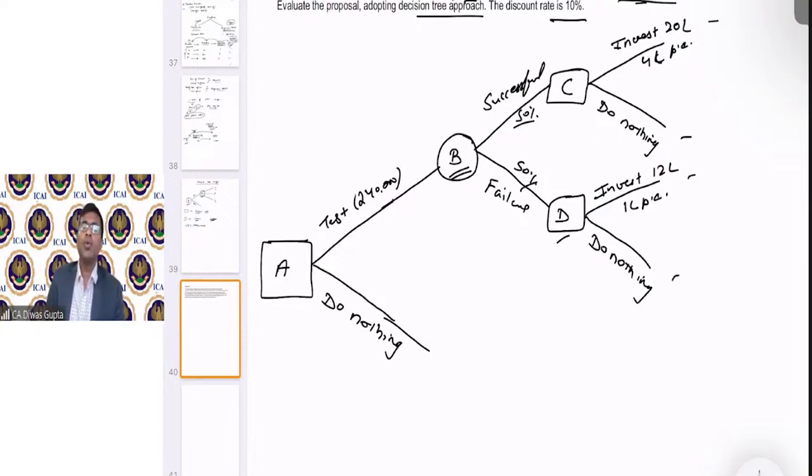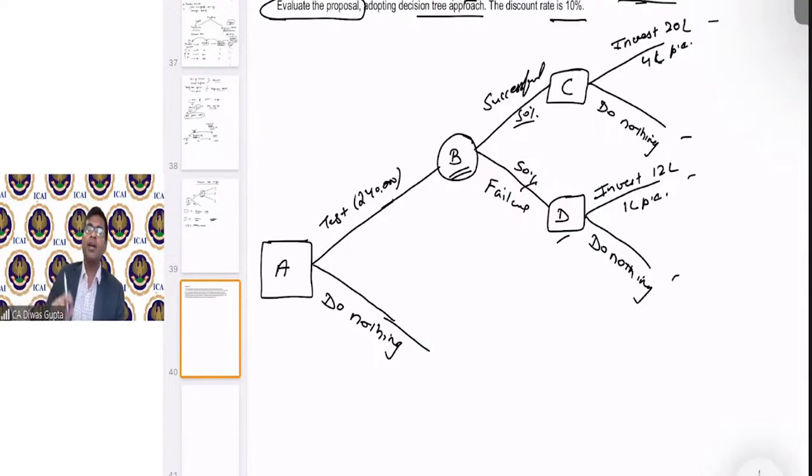Now, what we need to do is also understand how the commercial calculation will happen, because we have to finally evaluate the proposal, right? So, students, this is a very small decision tree. In practical life, the different possibilities and decisions can run into thousands or lakhs.